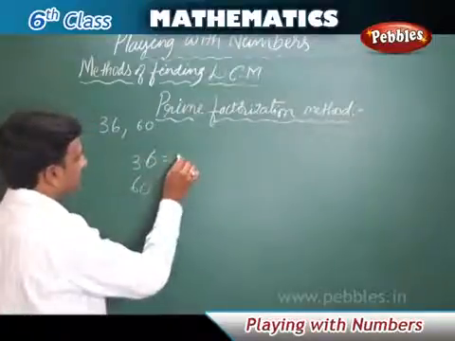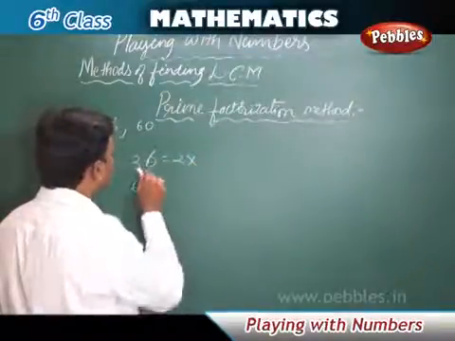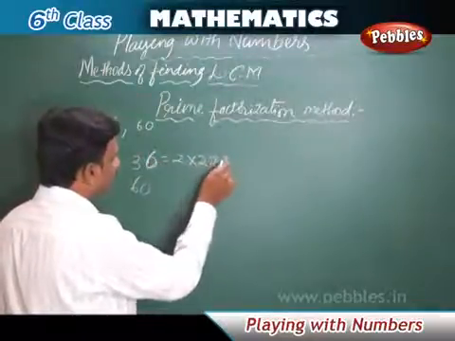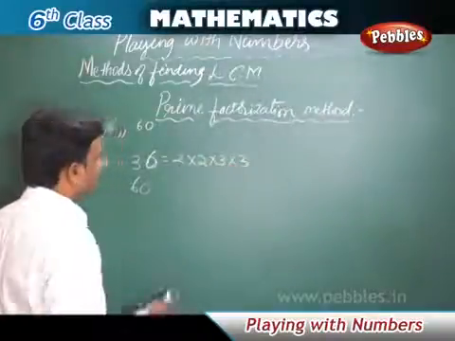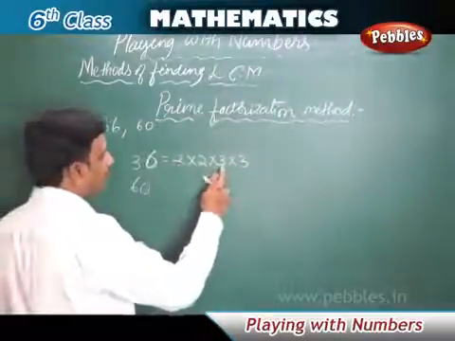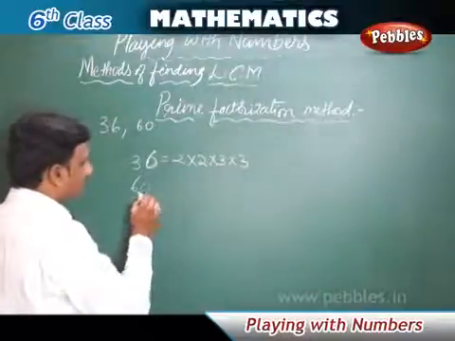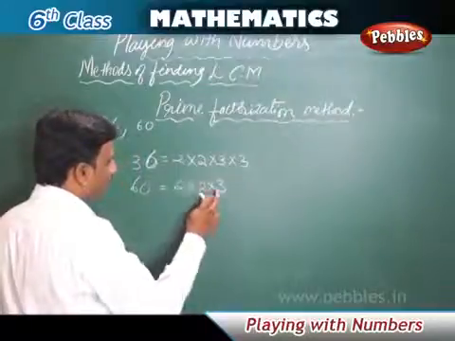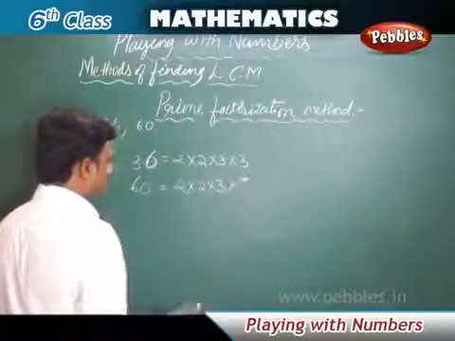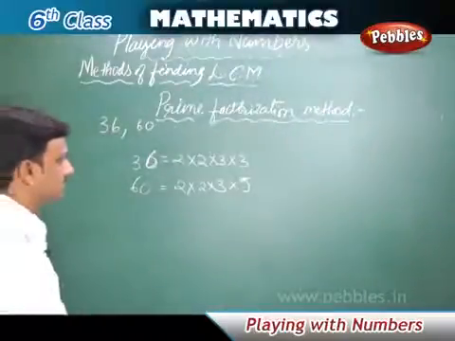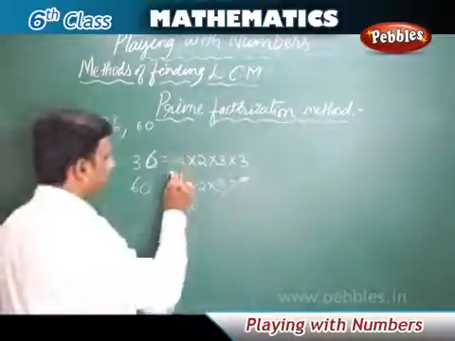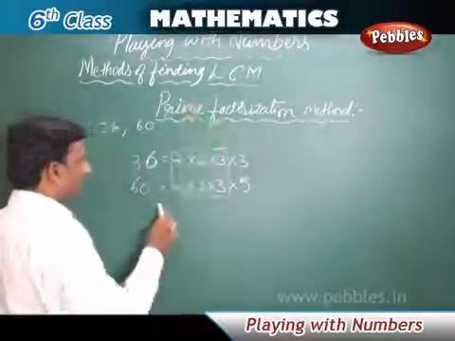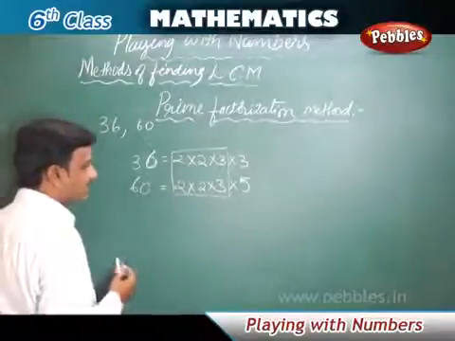This 36 is written in prime factors as 2 into 2 into 3 into 3: 2 2s are 4, 4 3s are 12, 12 3s are 36. Now 60 is 2 into 2 into 3 into 5: 2 2s are 4, 4 3s are 12, 12 5s are 60. Among these factors, 2 into 2 into 3 is common for both 36 and 60.